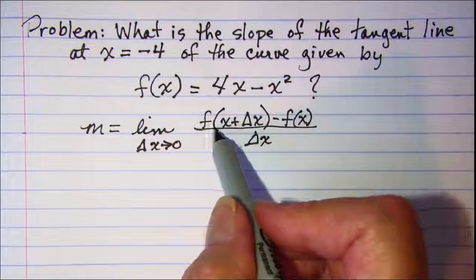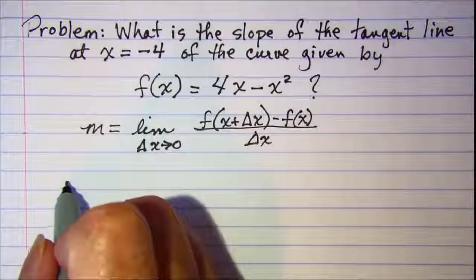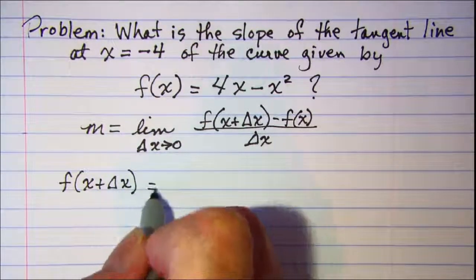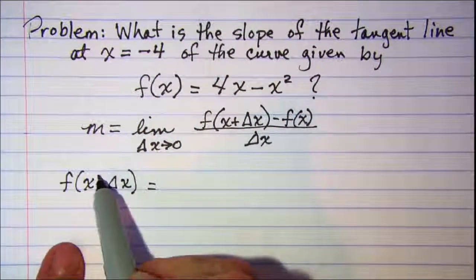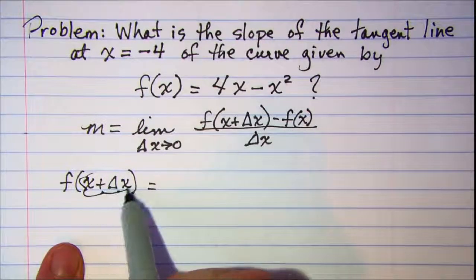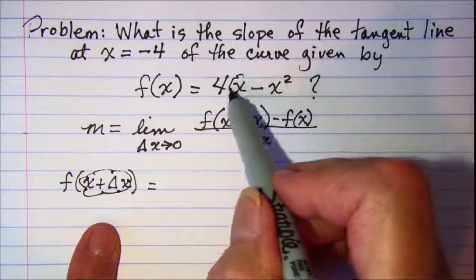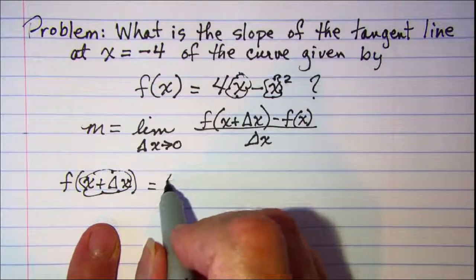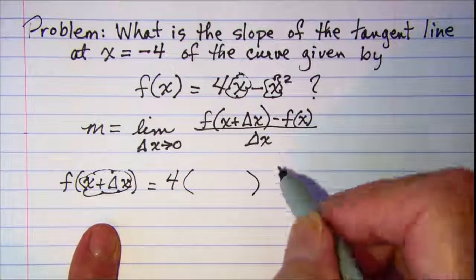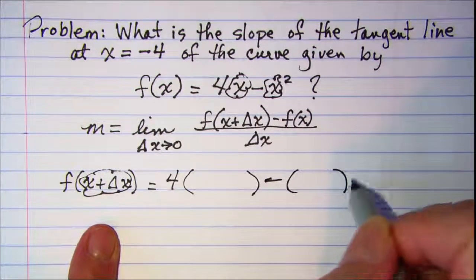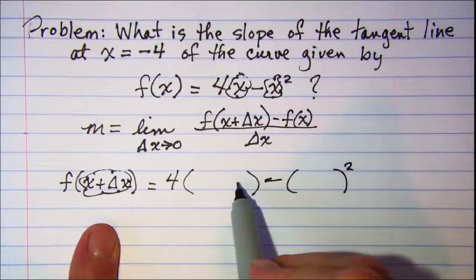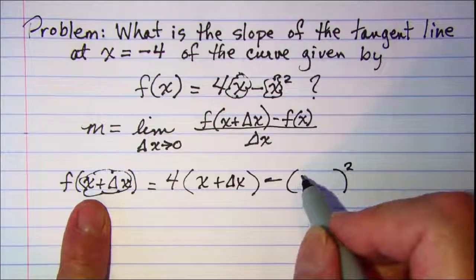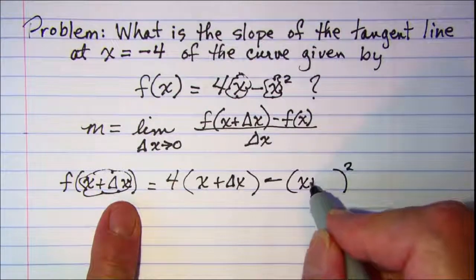All right, so we need f of x plus delta x. So we need to sub this expression into this function every time we see an x. So we'll have 4 times and then minus something squared. Okay. So in here I want to put x plus delta x and then x plus delta x in here.